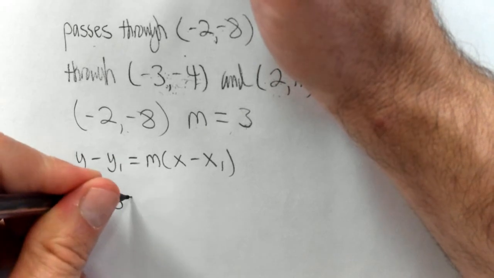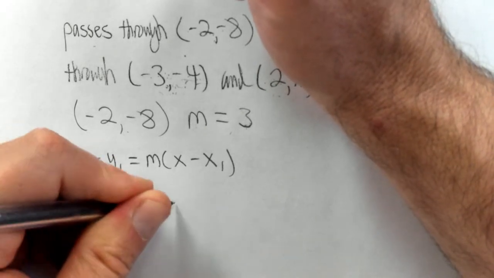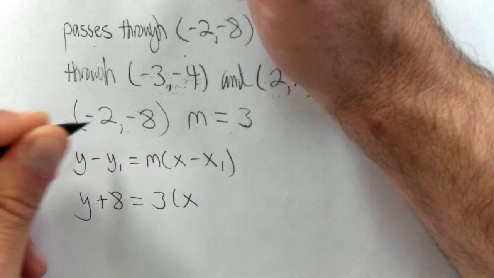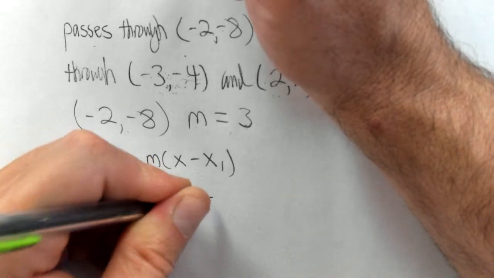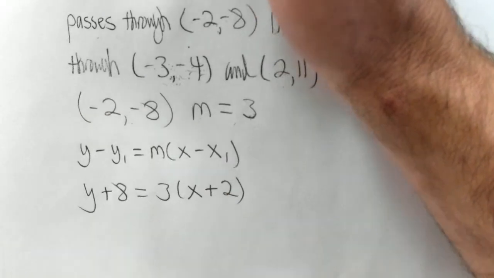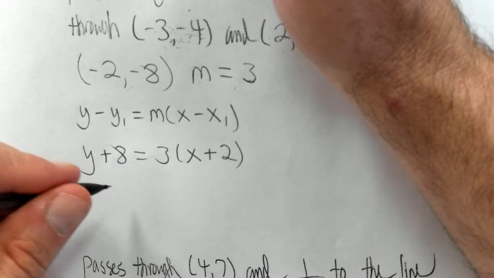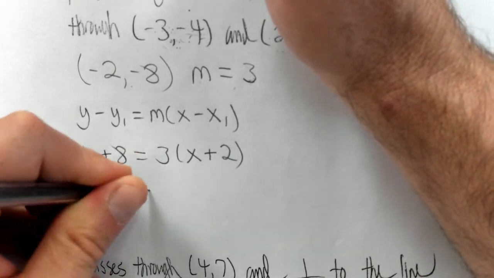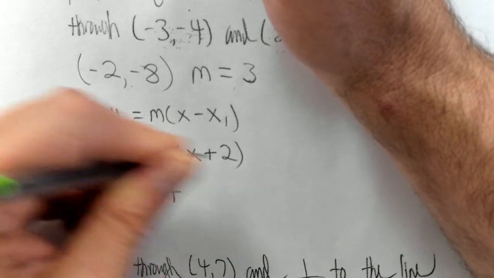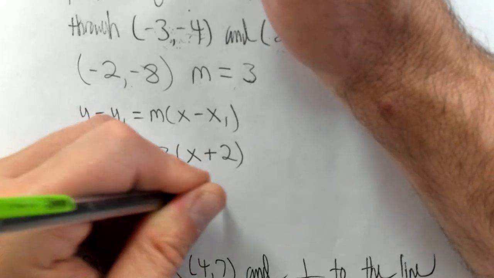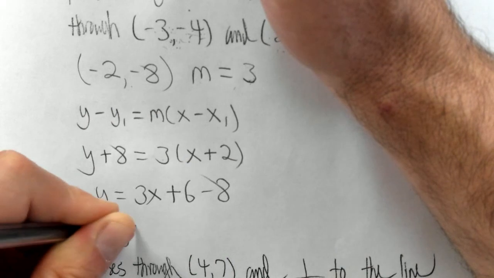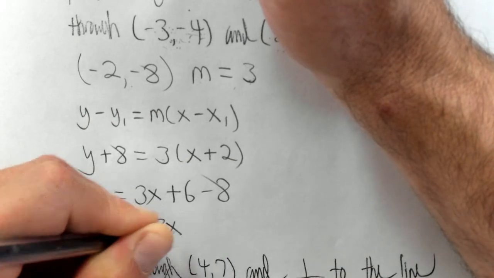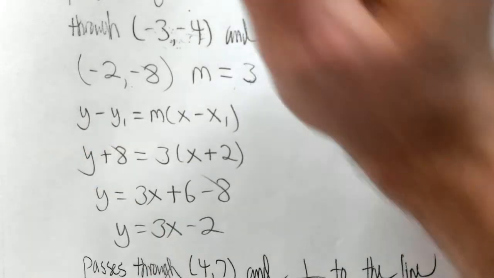Equals, m is 3. We'll drop that right in. And the x number is minus 2. I'm going to change it to plus 2. Close that off. A couple of steps of rearranging here would be good. So y equals 3 times x, 3x, plus, that'll be 6. And don't forget you got a minus 8 coming back here, so my answer now is going to be y equals 3x minus 2 is what we will have.